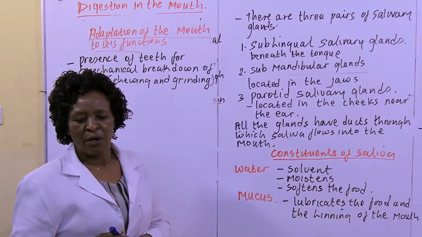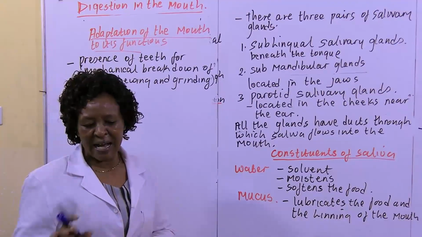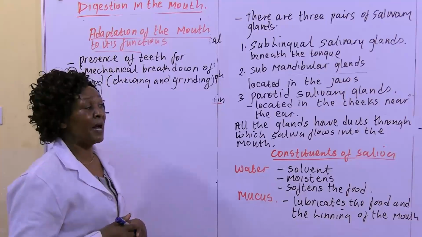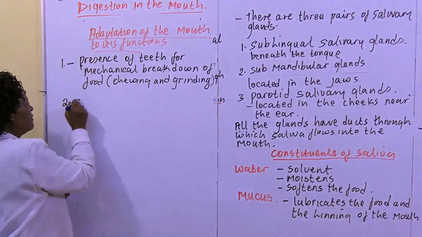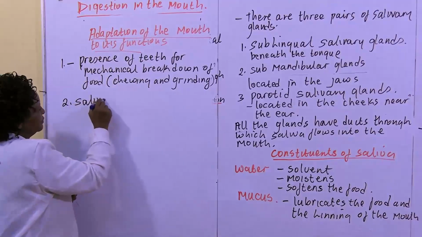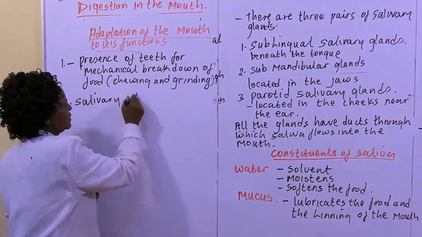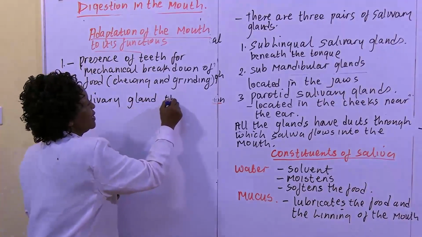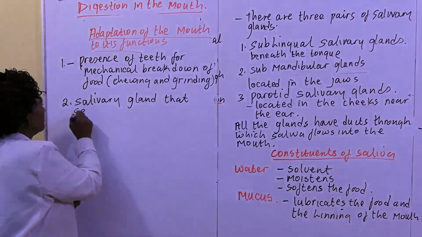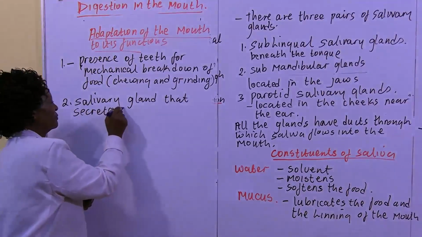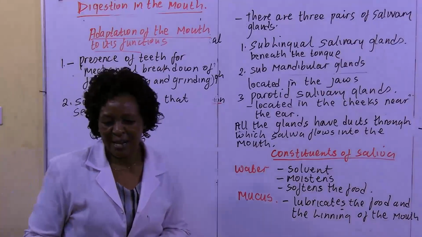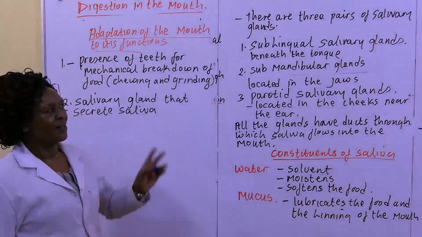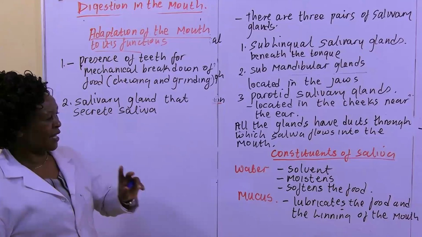Number two, we have salivary glands located in various parts. These are glands that secrete saliva. We have just looked at the functions of saliva.